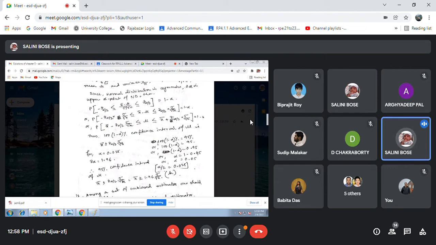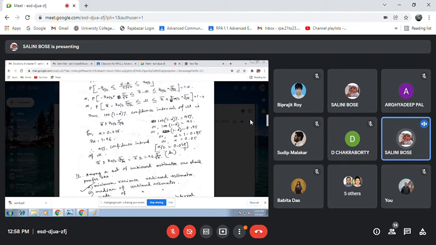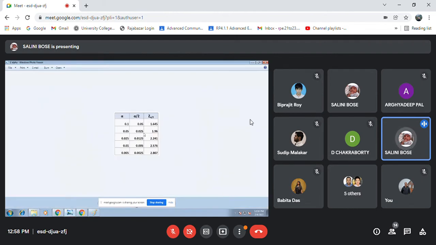So we can write 100 of 1 minus alpha % equal to 95%. So from here, we can calculate the alpha. And we need alpha by 2. So alpha by 2 is 0.025. So z alpha by 2, z 0.025 is equal to 1.96.